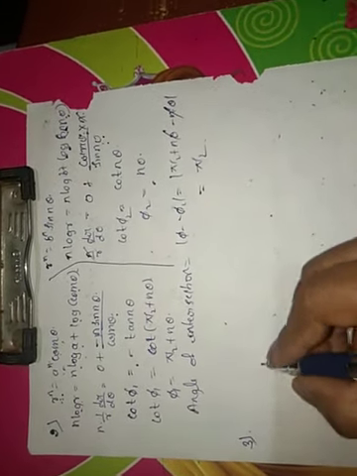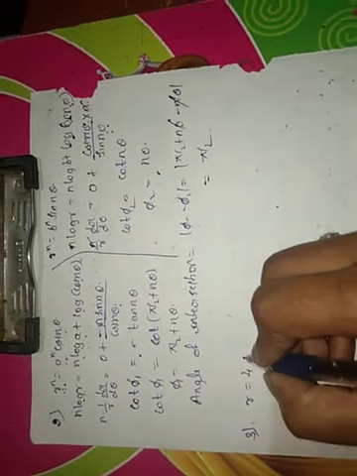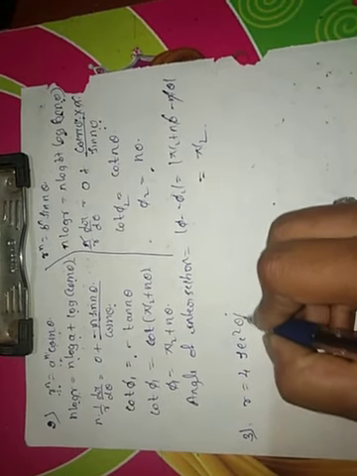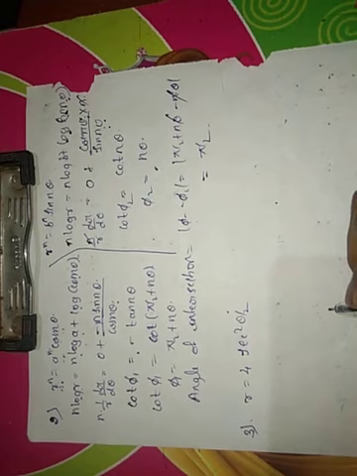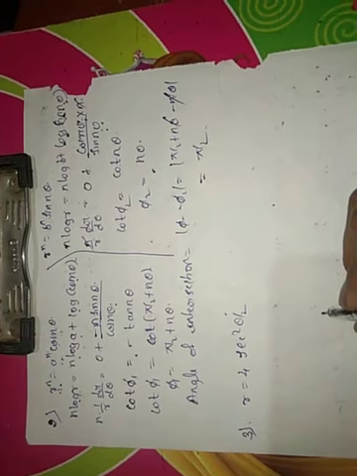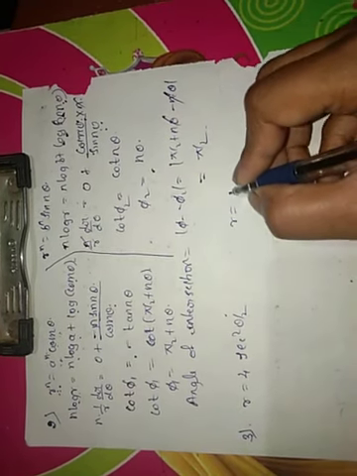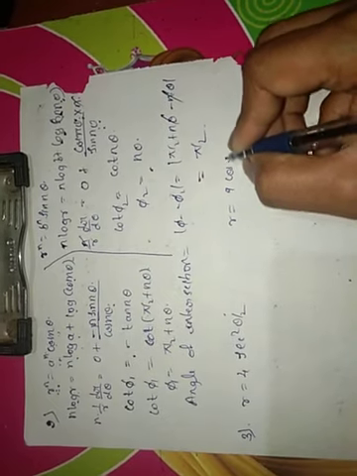Here r equals 4 into sec square theta by 2, and another one is r equals 9 into cosec square theta by 2. First take a log on both sides of the equations.